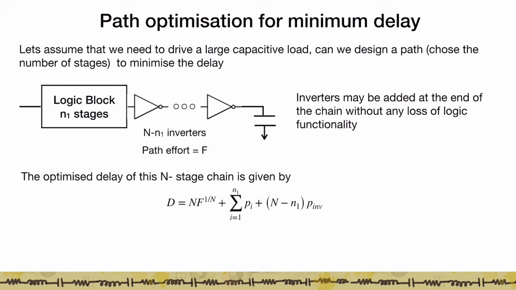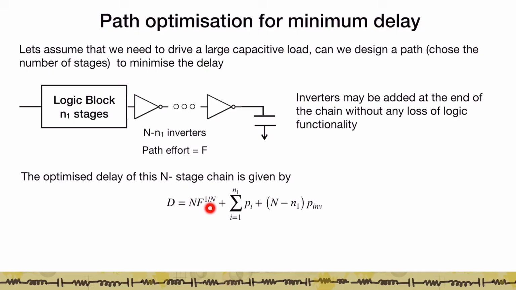So if we're now going to talk about the optimized delay of this n stage chain, it is given by what we just discussed previously in the video. D is given by the optimized effort delay, which is n times f to the power 1 by n, plus the parasitic delay that might be associated with any complex logic gates present in this block, plus the parasitic delay associated with these additional n minus n1 inverters that I have added to the path. Right?